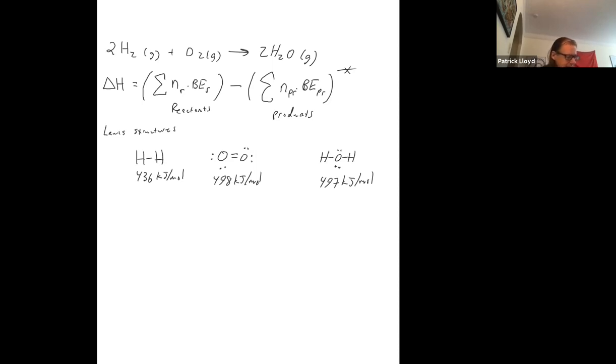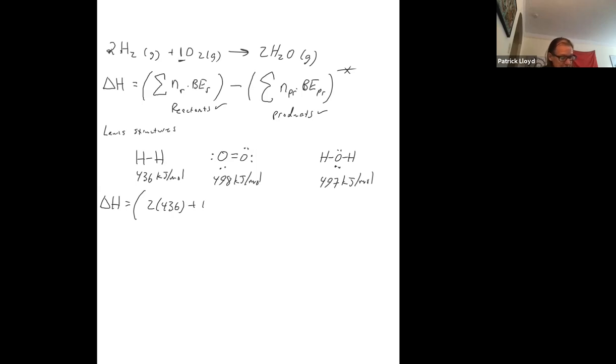Now, how many of these do we have? H2 has one bond, but there's a 2 in front of it. So it's really 2 times 436. Let's do the arithmetic. Again, we're going to do reactants minus products. So for the H2, it's 2 times 436, right? And then for the O2, there's only a 1 there.